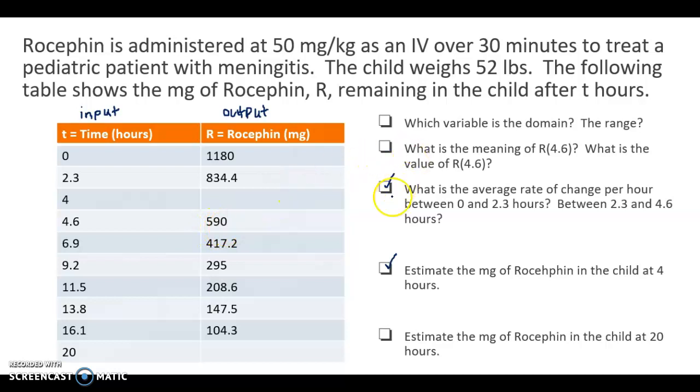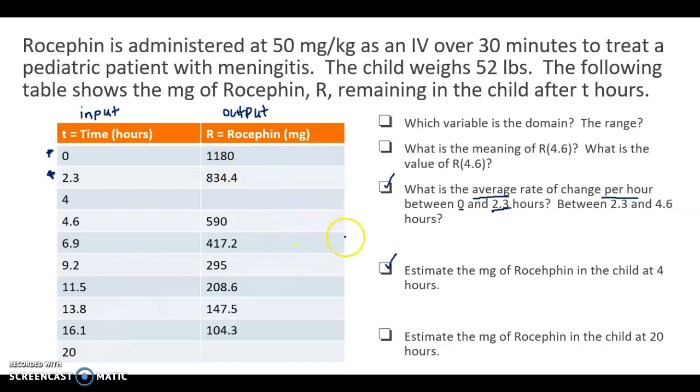So the first question that we're going to focus on is, what is the average rate of change per hour between 0 and 2.3 hours? So right here is my 0, and here's my 2.3. And we want to know how much does the amount of Rocephin change per hour.